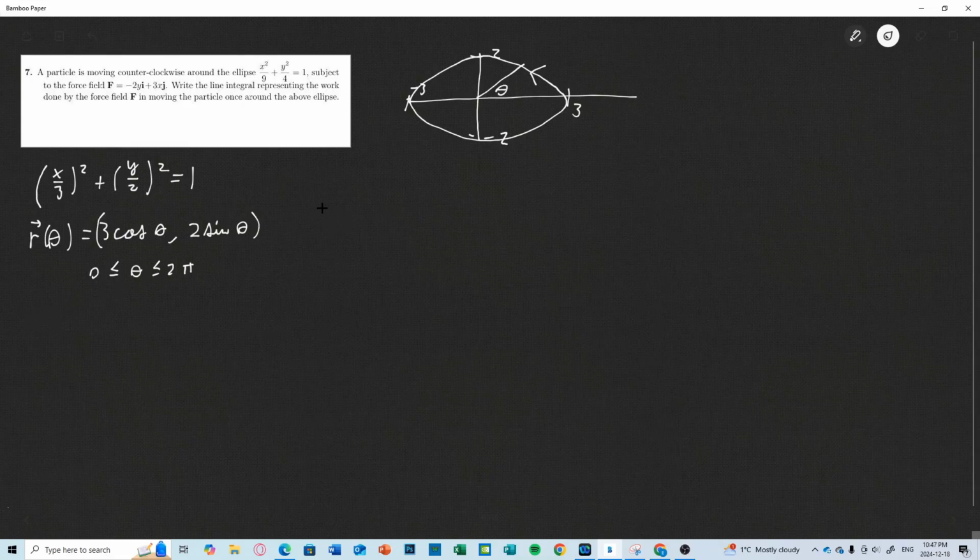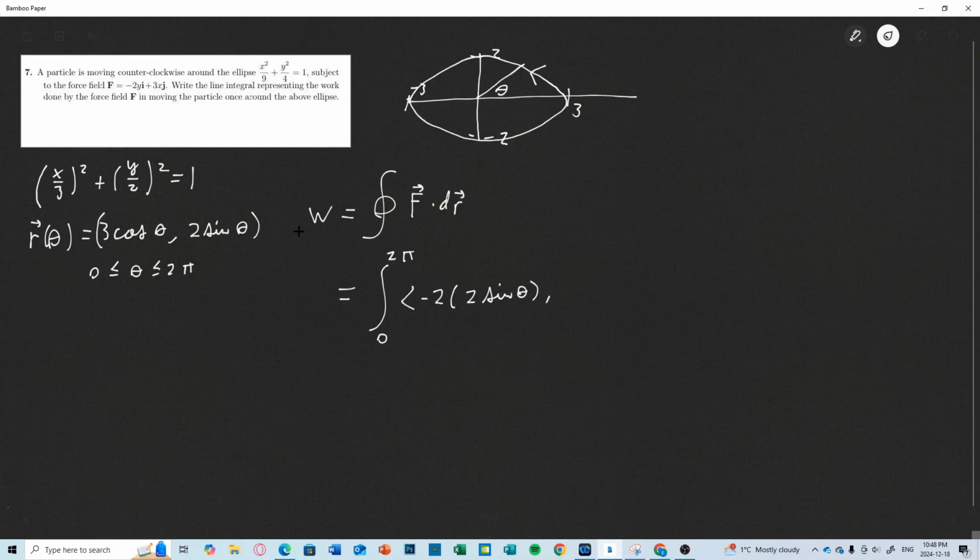So we want to find the work done going once around the ellipse of our function multiplied by dr. So this means we will get the integral from 0 to 2 pi. And then we're going to have our negative 2 because of the force field, but we have to change our y to 2 sine theta.